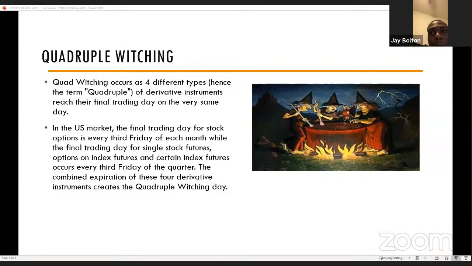For example, all of the index options will expire, all of the futures options will expire, all of the commodities will expire, and then new options contracts will be created. So, for example, the S&P 500 has options that expire Friday, and new options will be made anew.